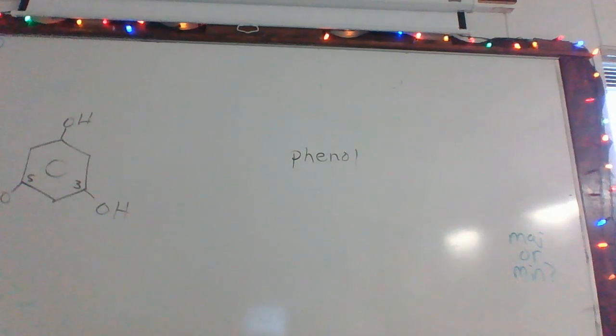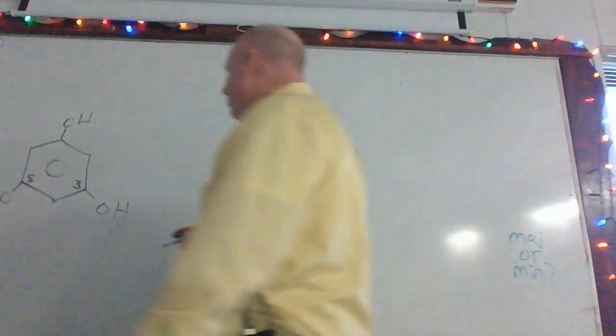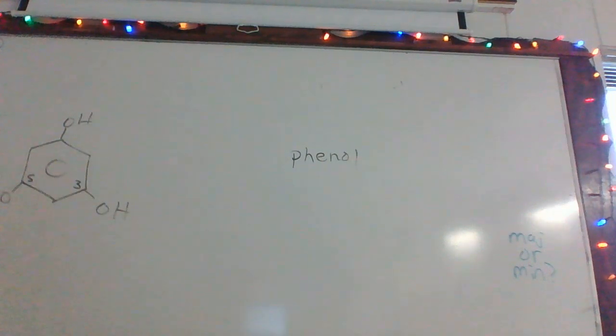That does make sense, more phenol, but that means we would have to have another compound. But what happens if there's two OH groups on a compound? What do we call that? Diol.